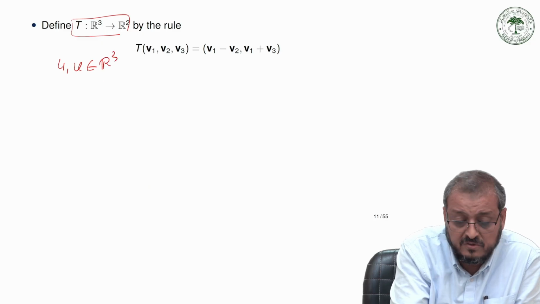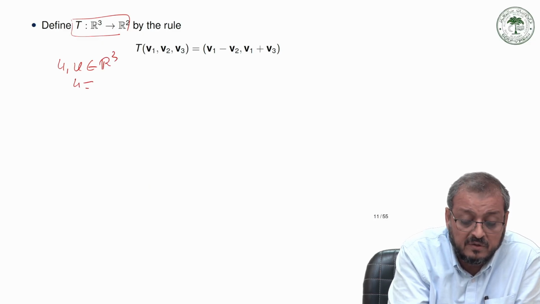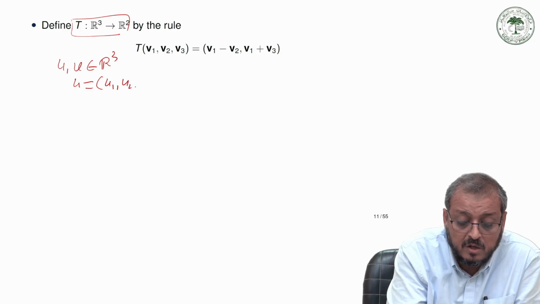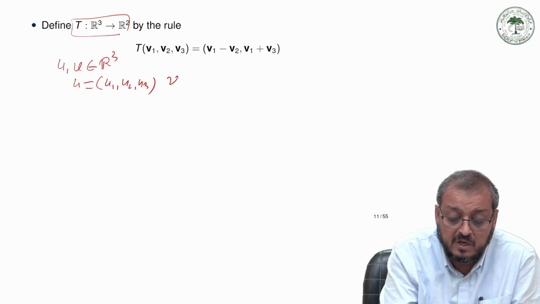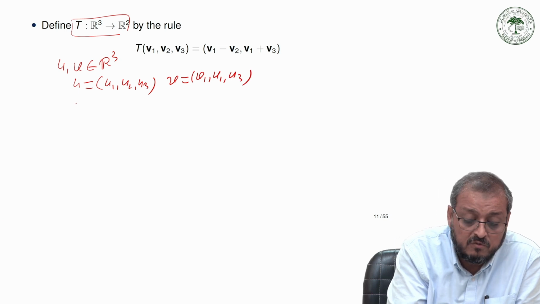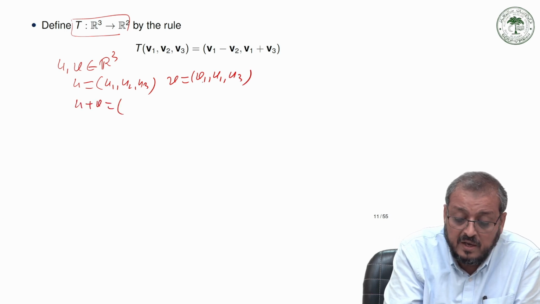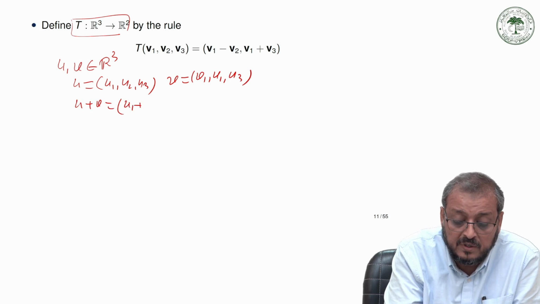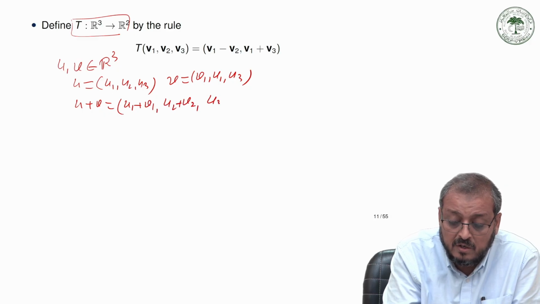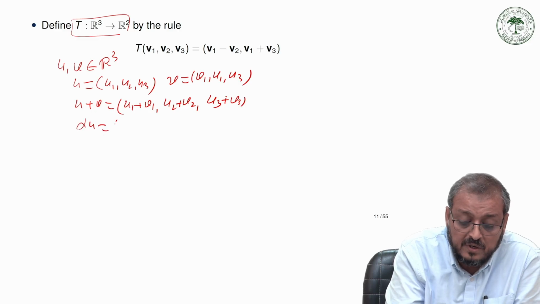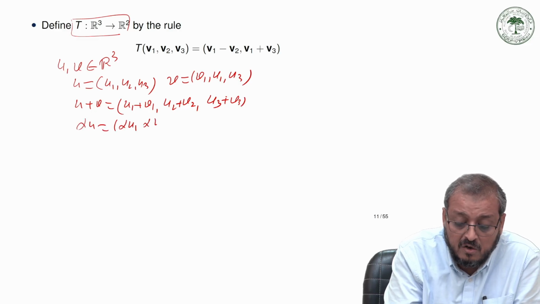So u can be written as (u1, u2, u3), and v can be written as (v1, v2, v3). We calculate u plus v, and by the definition this is (u1 plus v1, u2 plus v2, u3 plus v3). Also alpha u can be written as (alpha u1, alpha u2, alpha u3).